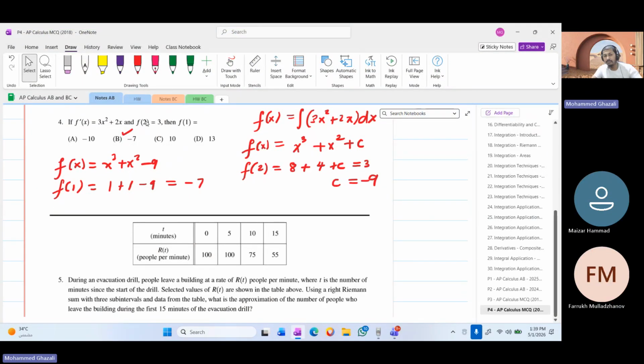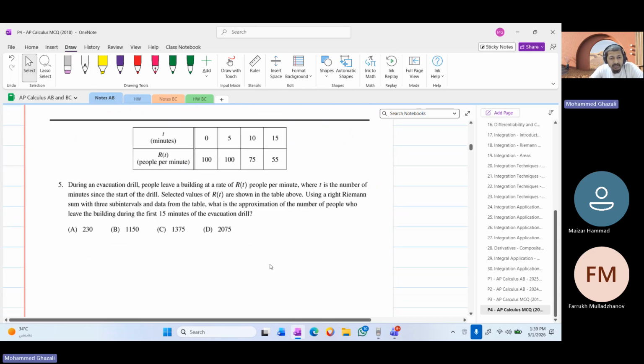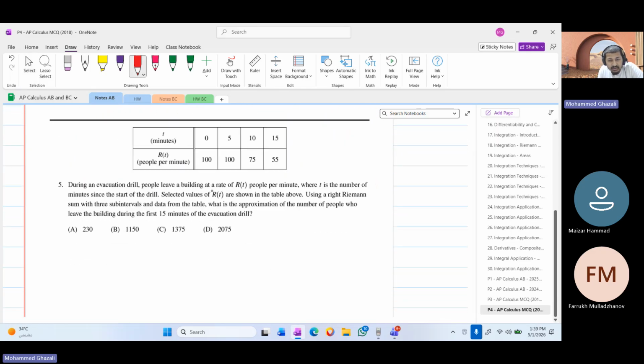Next problem. During an evacuation drill, people leave the building at a rate of R of t people per minute, where t is the number of minutes since the start of the drill. Selected values of R of t are shown in the table above. Use a Riemann sum.